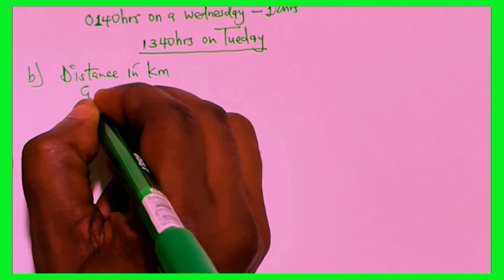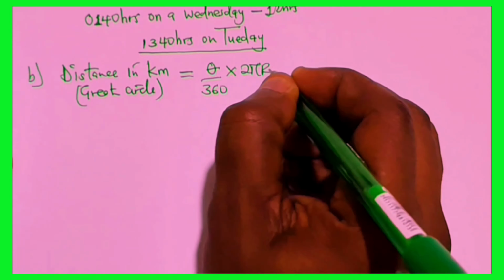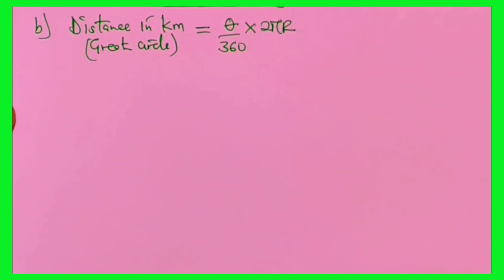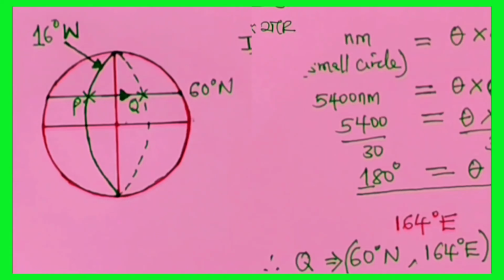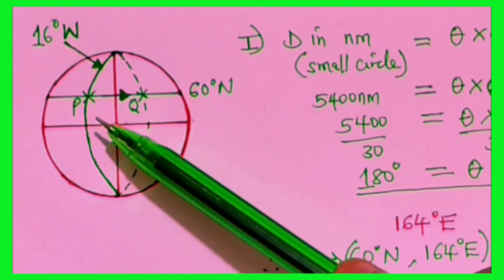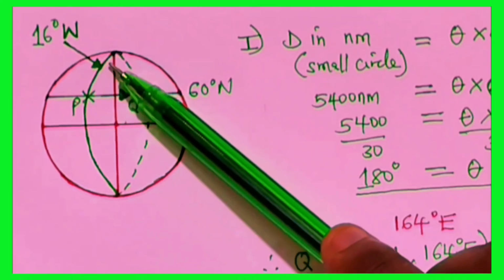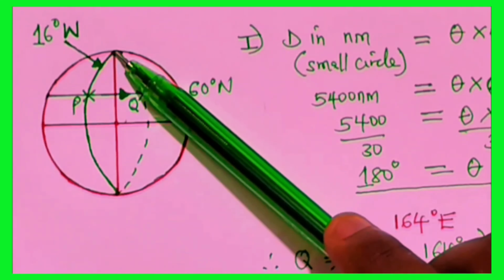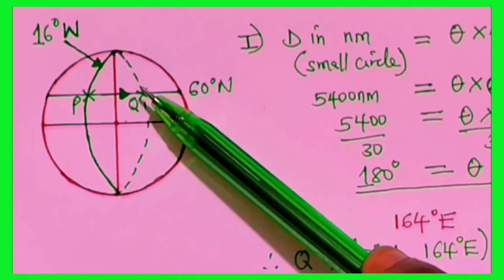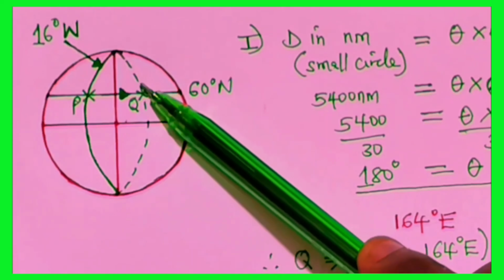We know the formula to be theta divided by 360 degrees, and then we multiply by 2 pi r. And what is the value of theta? It will be equal to 30 degrees plus 30 degrees, that means moving from 60 degrees north to 90, and then from 90 back to 60. So theta will be equal to 60 degrees.